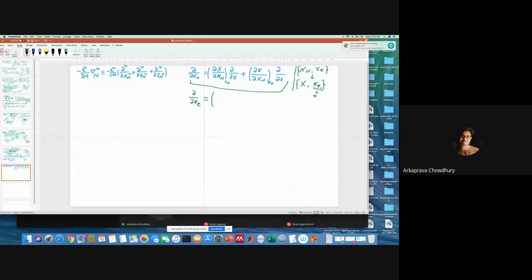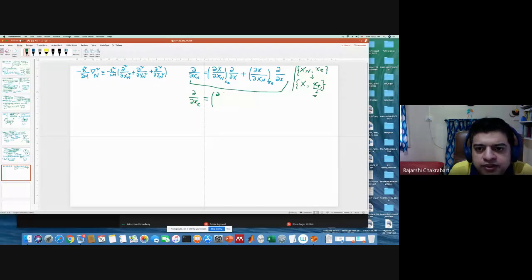So the same thing: del by del xe, when xn is constant, is del X by del xe when xn is constant, into del by del X, plus, tell me, what will be the next one?